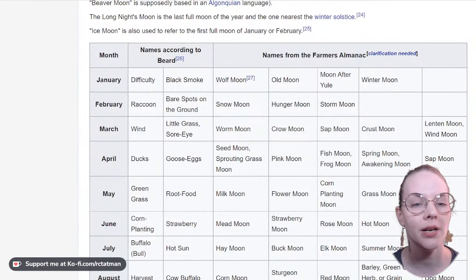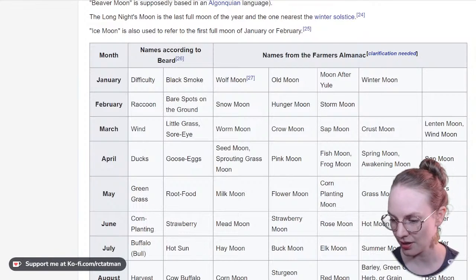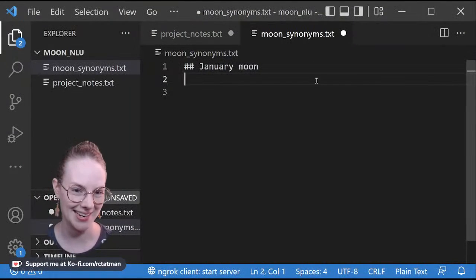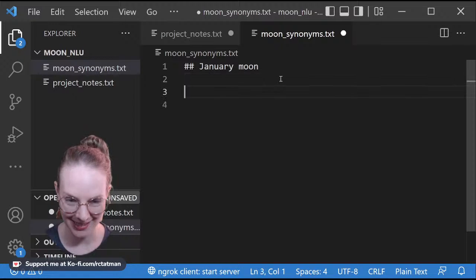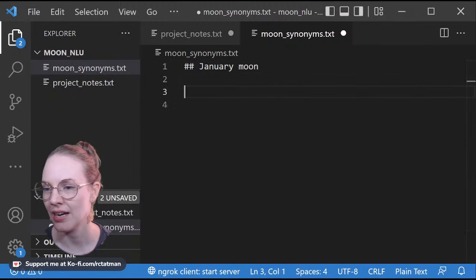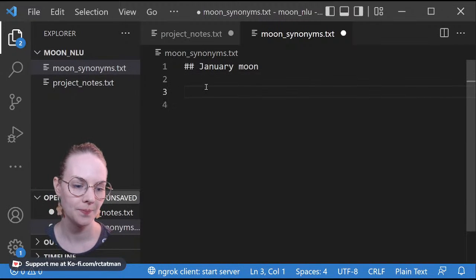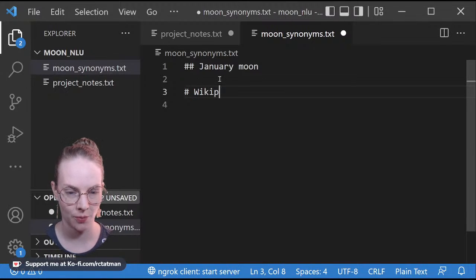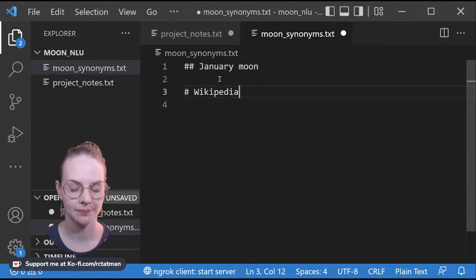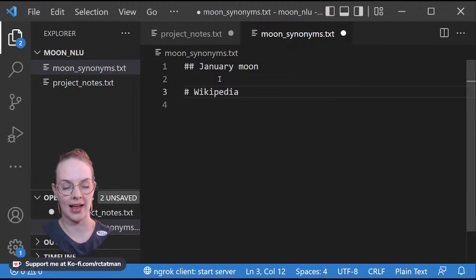So what I'm going to do is start doing some copying and pasting with different headings. So Wikipedia. I'm going to do this as a flat text file first.